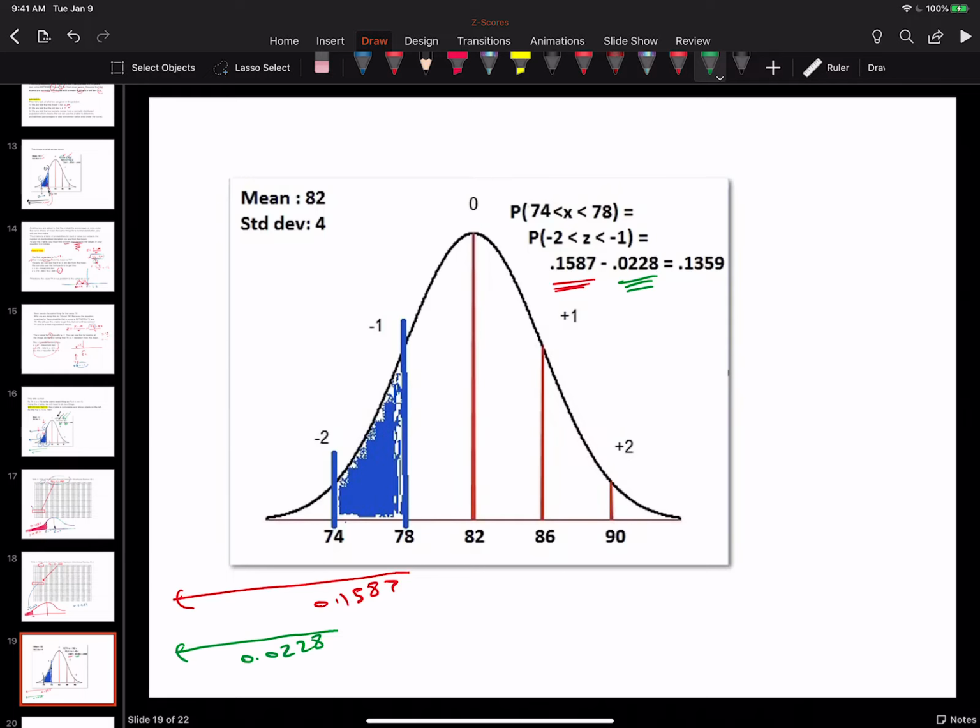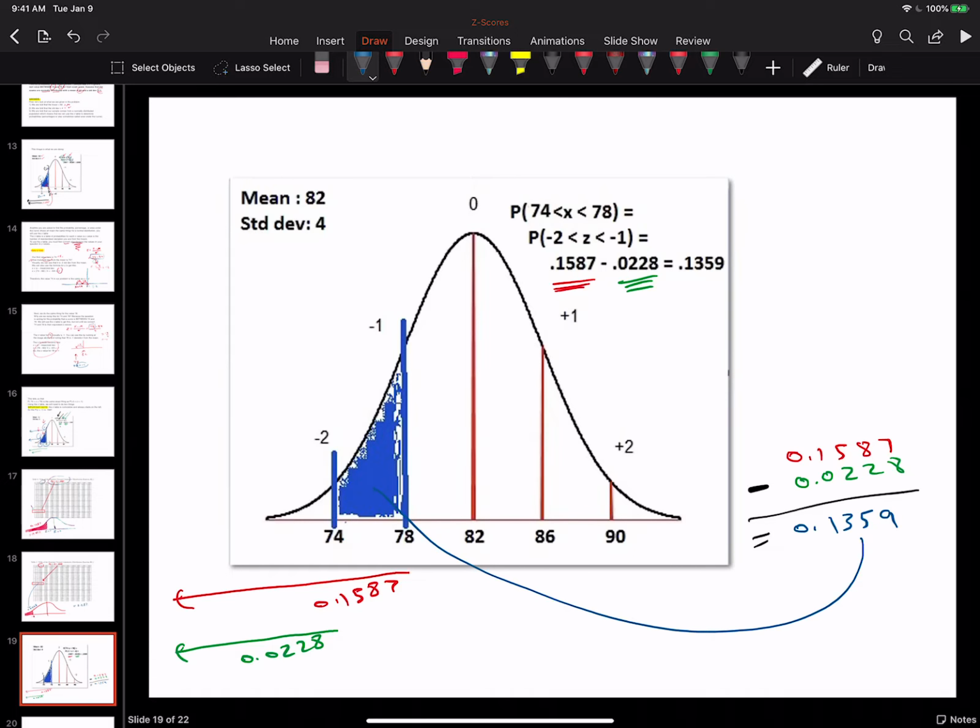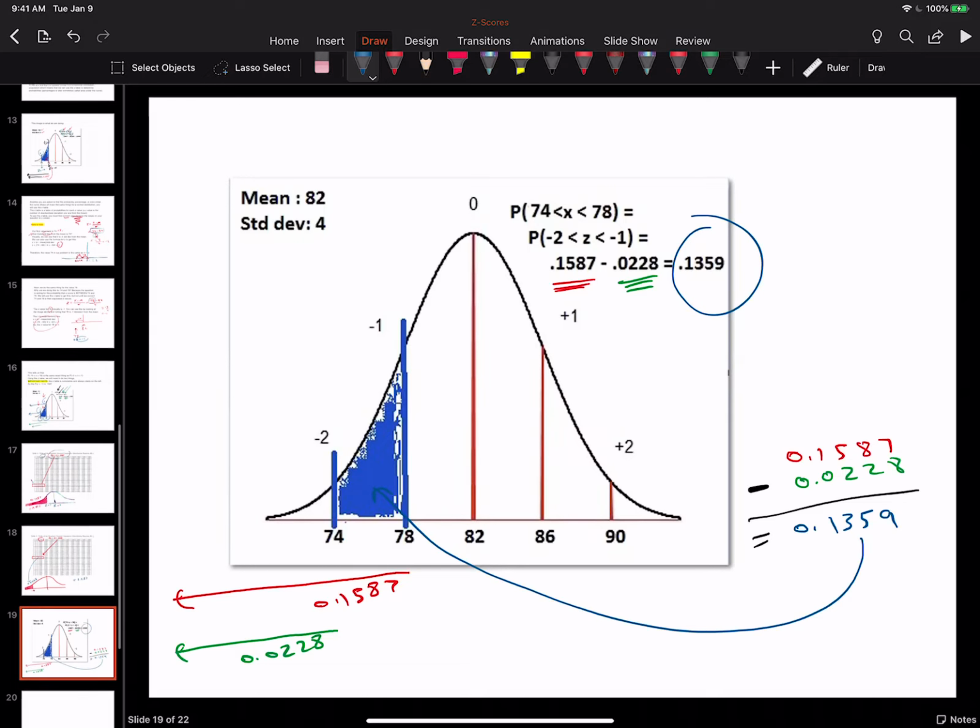The difference will be 0.1587 minus 0.0228 equals 0.1359, and that is this right here, which is this right here.